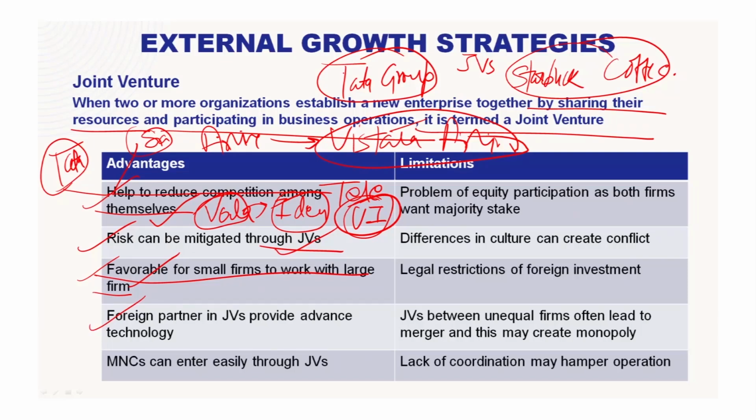Foreign players or foreign partners in a joint venture provide advanced technology. In the example we have taken, Vistara Airlines of Tata and Singapore Airlines, if you have ever traveled through Vistara, the comfort of Vistara in economy class is better compared to any other airline. Initially, they were also providing food services to all their customers.